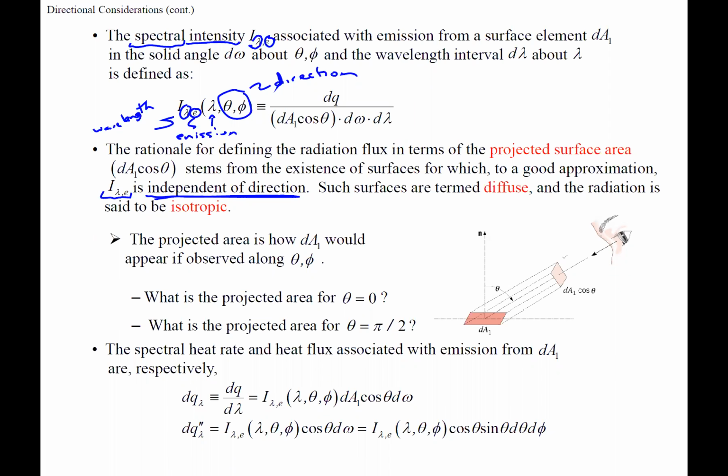It's not higher at one point versus another. And that's a surface that we can call diffuse. So that's a simplification we'll make to get rid of directional influence. We assume a surface is diffuse, and that's where radiation is isotropic. It's the same. That's a big assumption we can use.